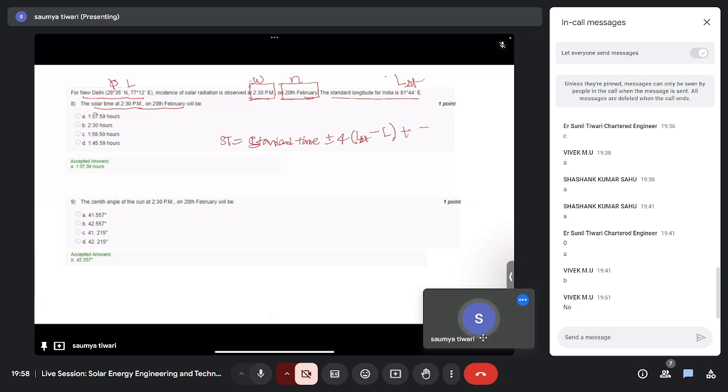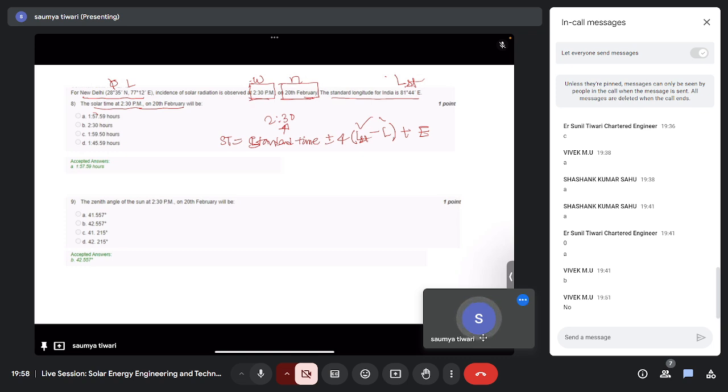And plus your correction factor E. Now this is already given in the question, 12:30. This is also given in the question.